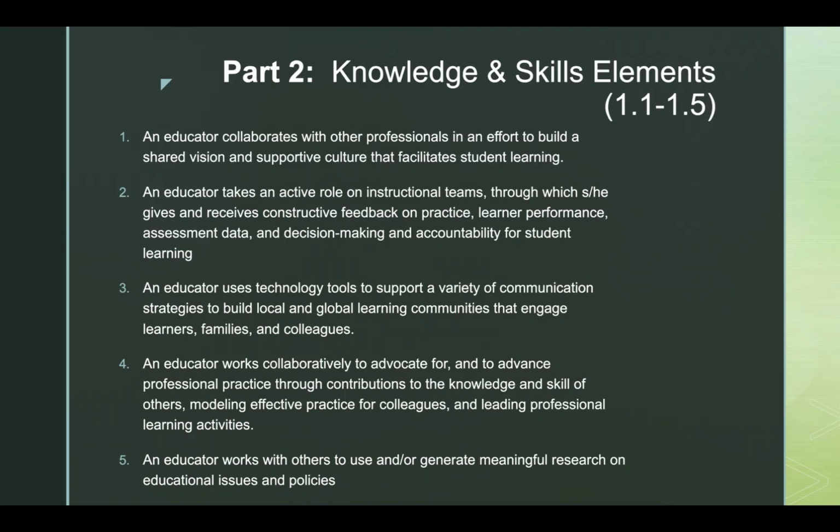Number 2, an educator takes an active role on instructional teams through which he or she gives and receives constructive feedback on practice, learner performance, assessment data, and decision-making and accountability for student learning.